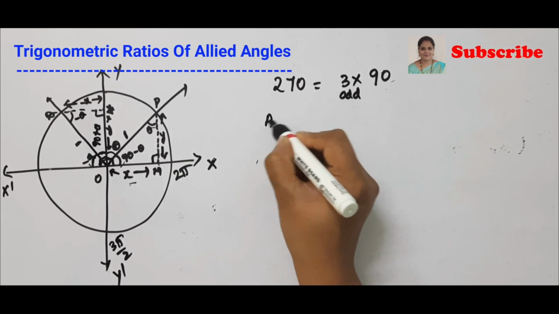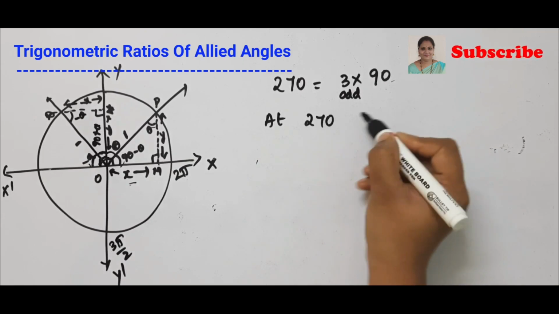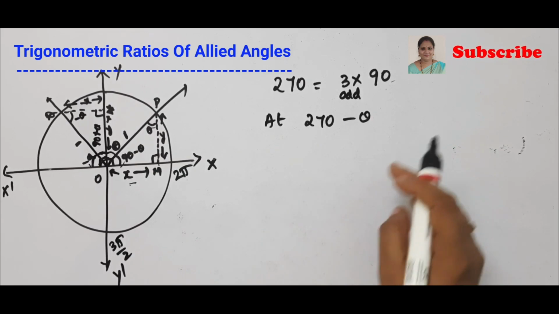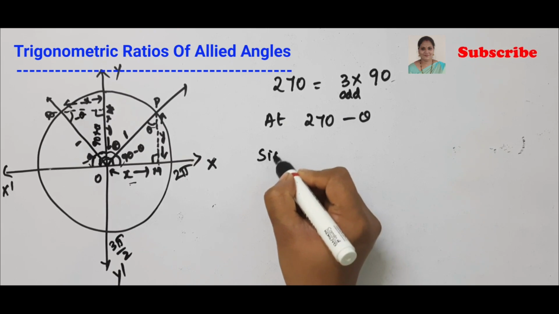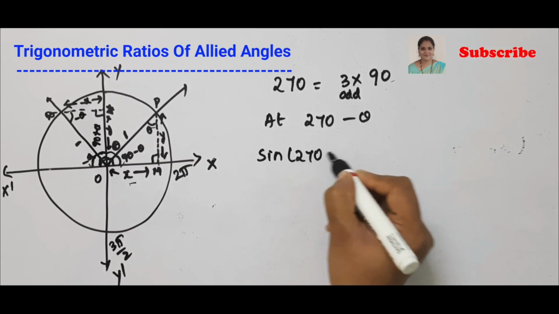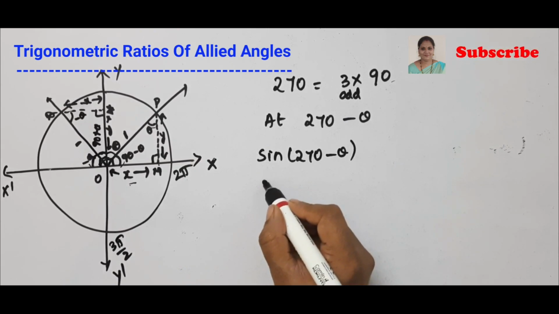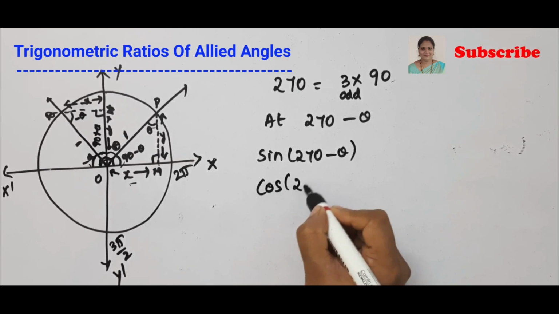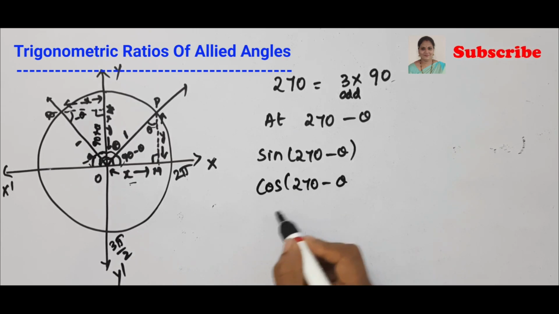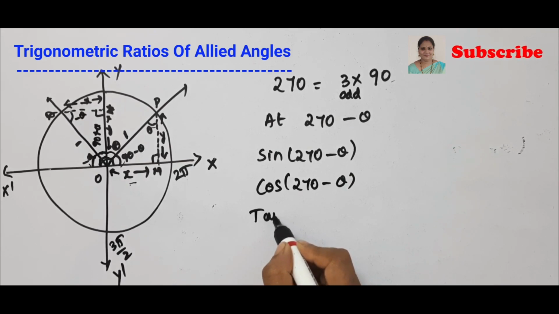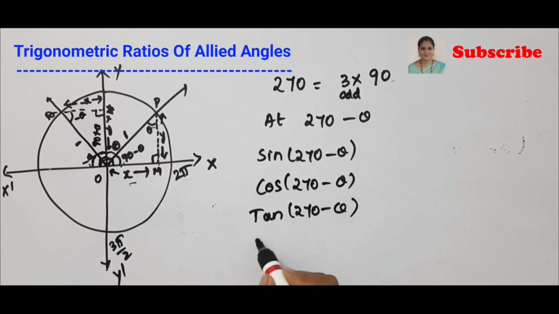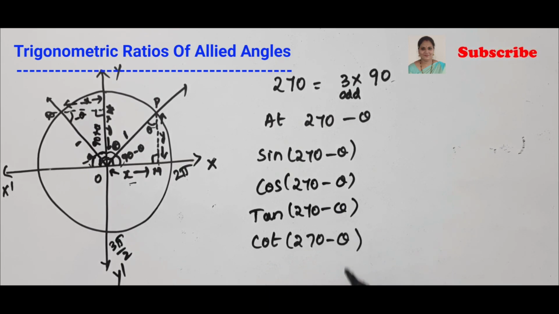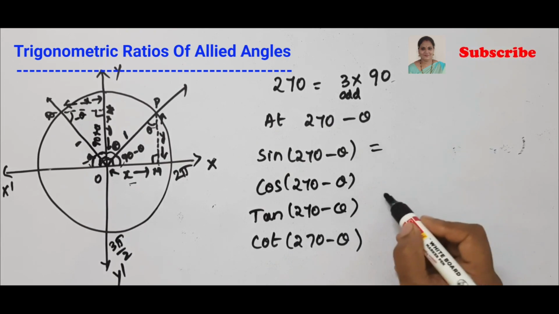So at 270 minus theta, let us write the trigonometric ratios using the logic. So sine of 270 minus theta, cos of 270 minus theta, tan of 270 minus theta, cot of 270 minus theta, cosecant of 270 minus theta, secant of 270 minus theta.